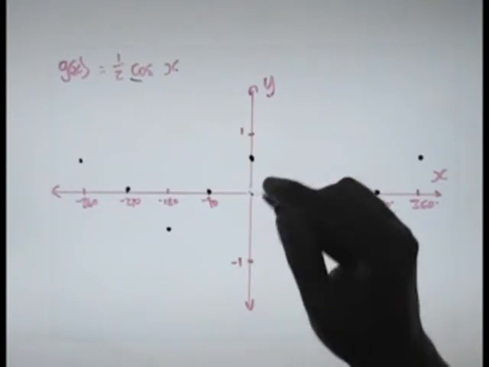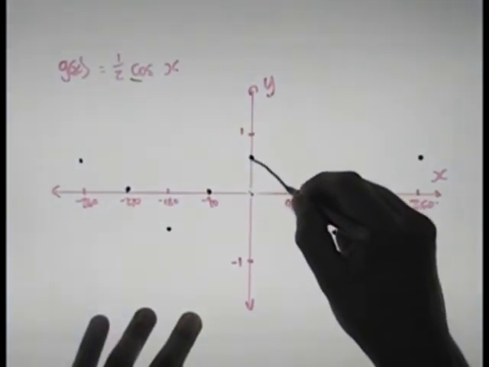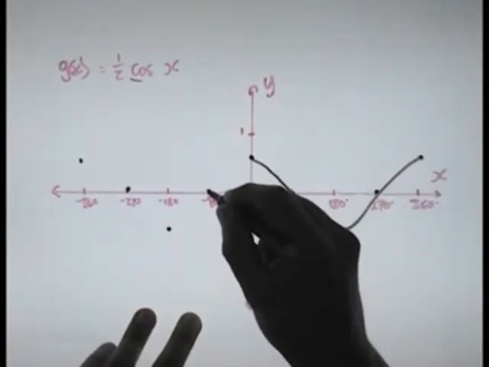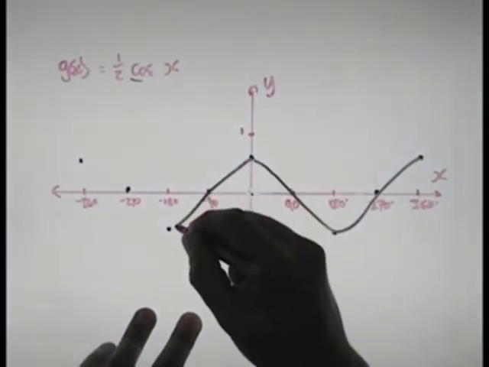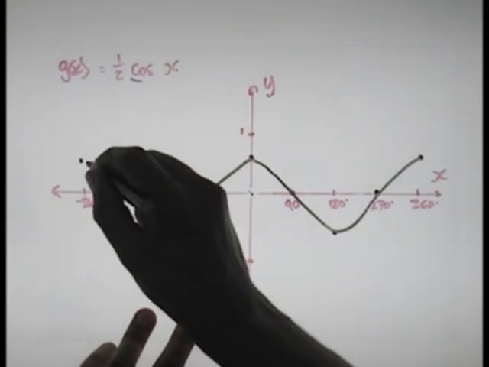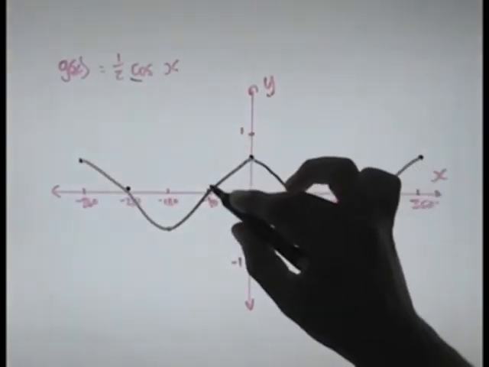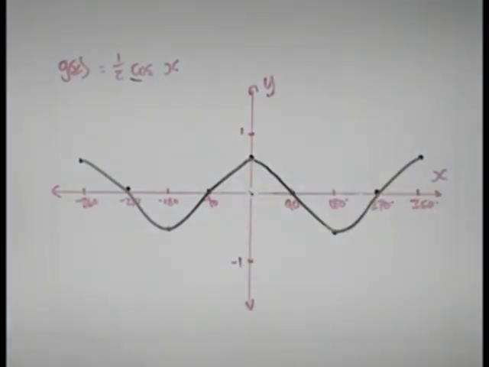So basically our cos graph is now going to look like this. Notice all that's happened is that we've got a half in front of the cos of x. The standard cos of x graph, I'm going to draw that in red.